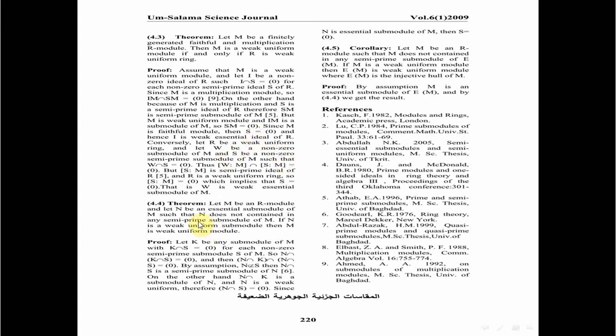Also theorem 4.4. Let M be a module and let N be an essential submodule of M such that N does not contain any semi-prime submodule of M. If N is weak uniform submodule, then M is weak uniform module. This theorem is about the relation between submodule and module.